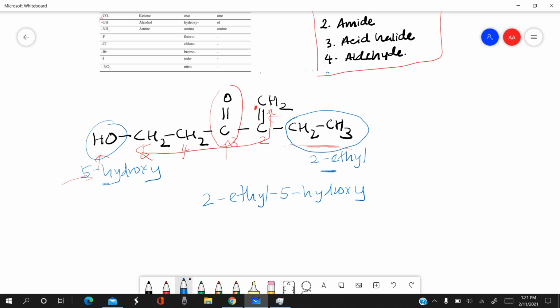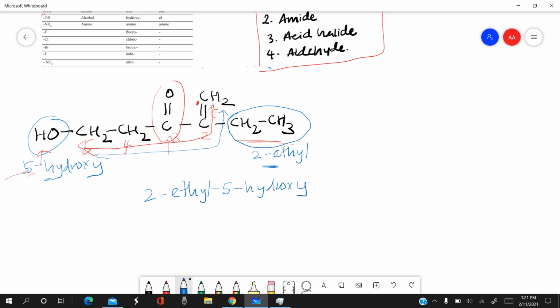Now name the main carbon chain. There are 5 carbon atoms in the main carbon chain, so pent, and the first carbon has a double bond, so pent-1, and it's a double bond, so ene, and I don't put the E here because we have a major functional group here as ketone.